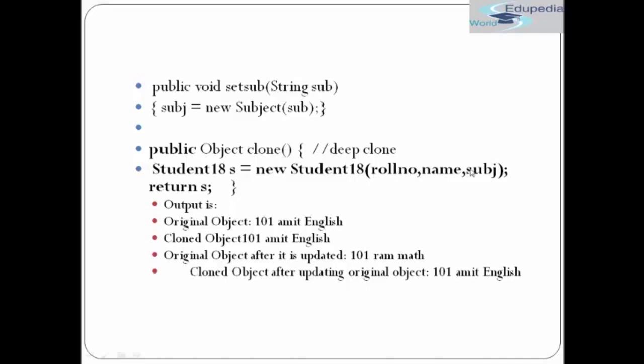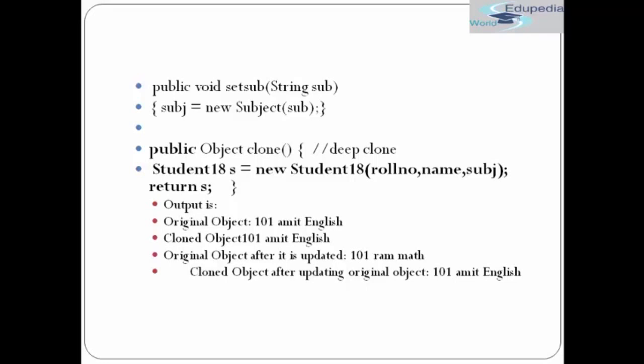So row number, name and subject will be of the original object that we are copying, and a new object will be created which is s and which will be returned. Okay, so this is how deep cloning is done. Over here you can see we are not using super.clone, so that's why we are not using try catch, and that's why we are not throwing CloneNotSupportedException. Okay, we are simply creating a new object using a constructor in this deep cloning example.